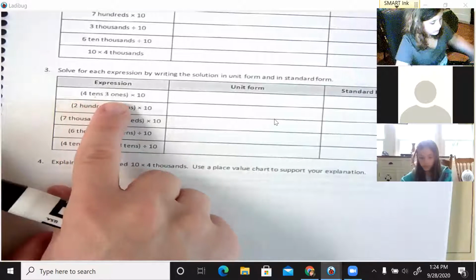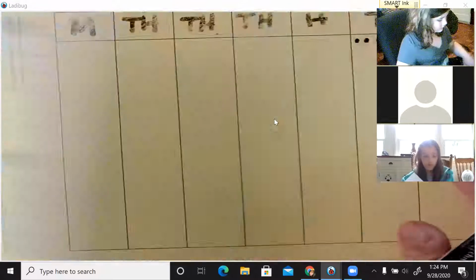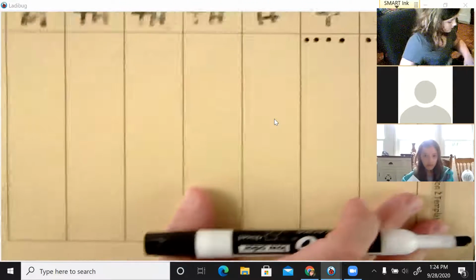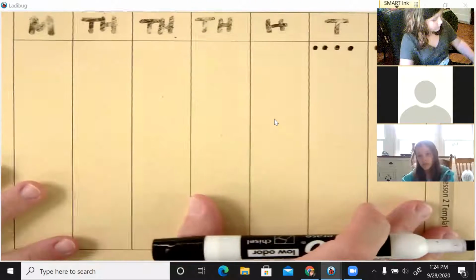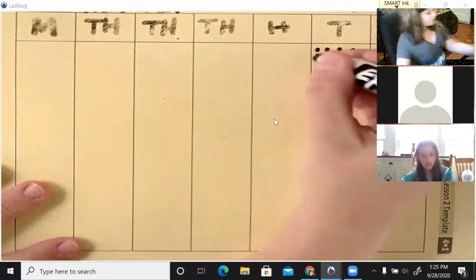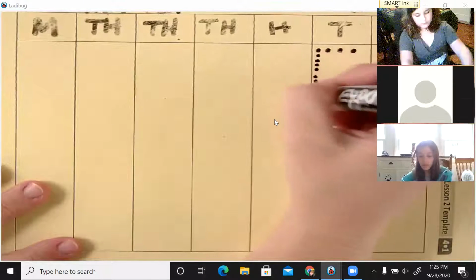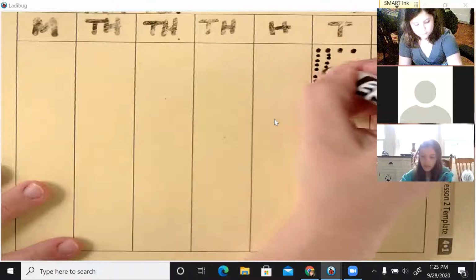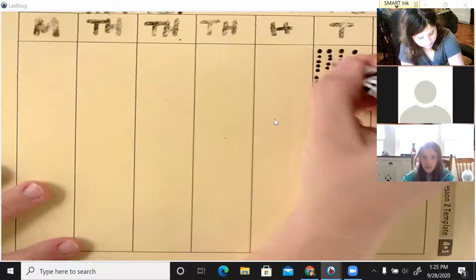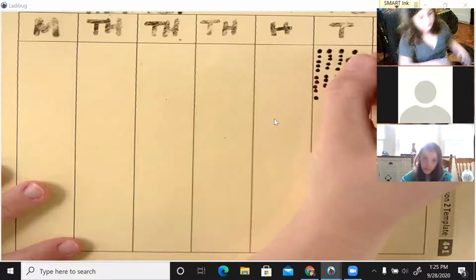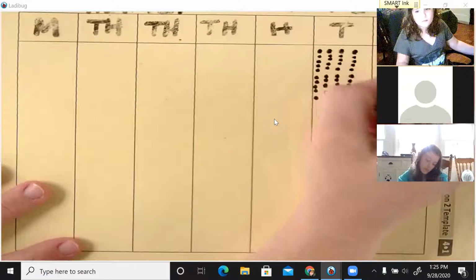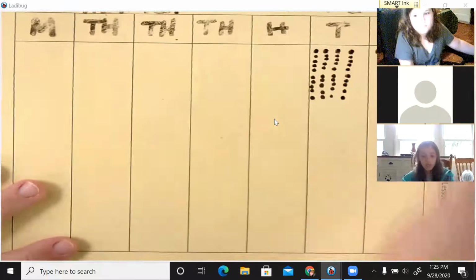It says 4 tens and 3 ones times 10. We have to multiply both of these by 10. So just like we've done in the past, I'm going to take each of these and make it a 10. Now I'm going to do the same thing to the ones place.